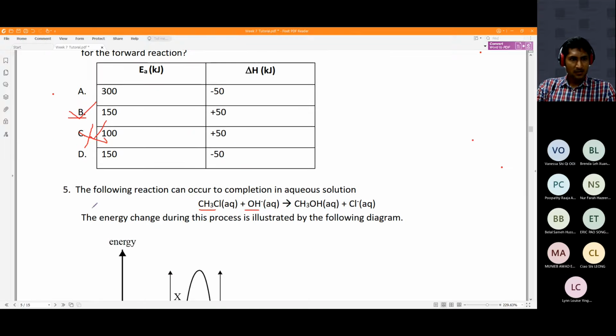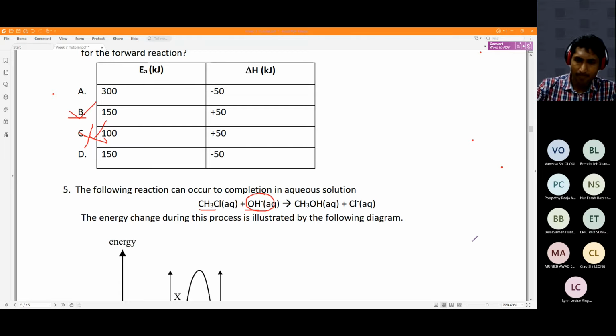Okay. So question number 5, it says that the following reaction can occur to completion in aqueous solution. Methyl chloride and hydroxide ion are reacting, forming methyl hydroxide and chloride ion. My question was where this hydroxide ion is coming from.